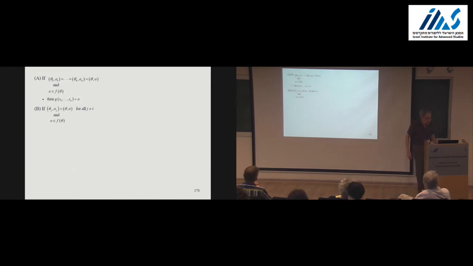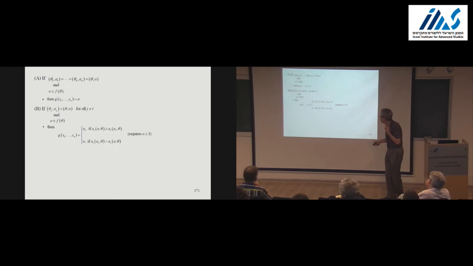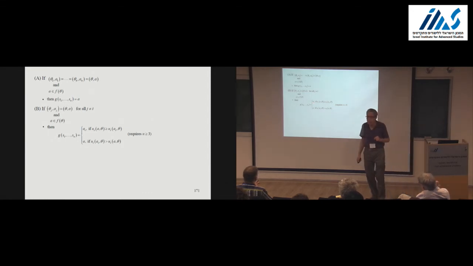But person I is announcing some other state, some other outcome, AI. And here, by the way, is one of the places where we use the fact that there are at least 3 people. Otherwise, we couldn't tell that I is the odd man out.